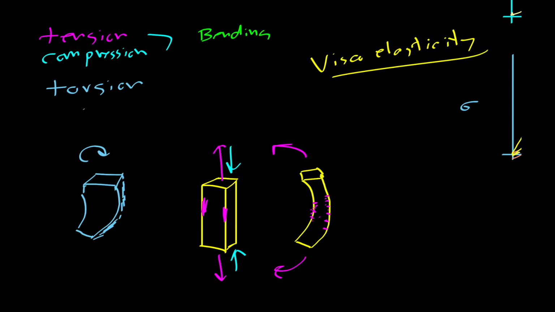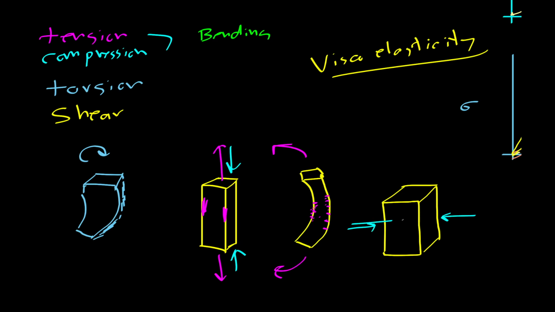And there was one more form of loading we saw, which is shear. And we saw how shear is like an offset version of compression. So again, suppose we have a piece of cartilage. And cartilage is a good example, by the way, of tissue that experiences shear based on the forces it encounters in joint spaces. So suppose instead of compressing it head on with forces like this, we said, okay, one force like this, one force up here like this.